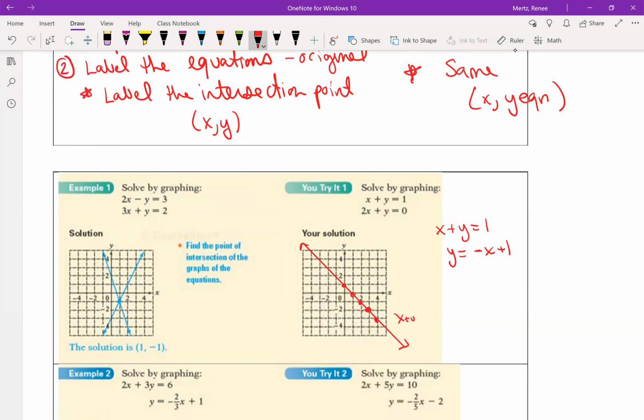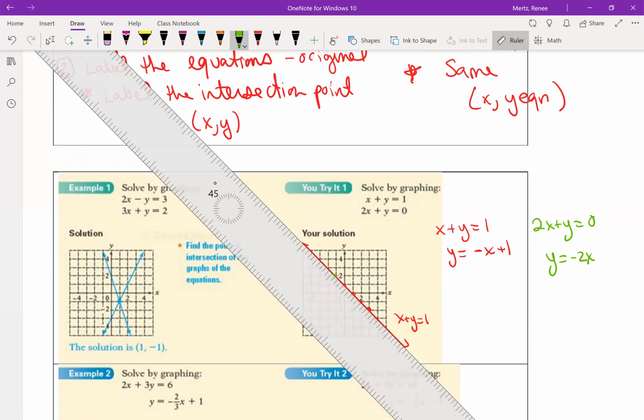So I have x plus y equals 1 for this graph. We have 2x plus y equals 0. Y equals negative 2x. It begins at 0, down 2, right 1, up 2, back 1. Grab my ruler.